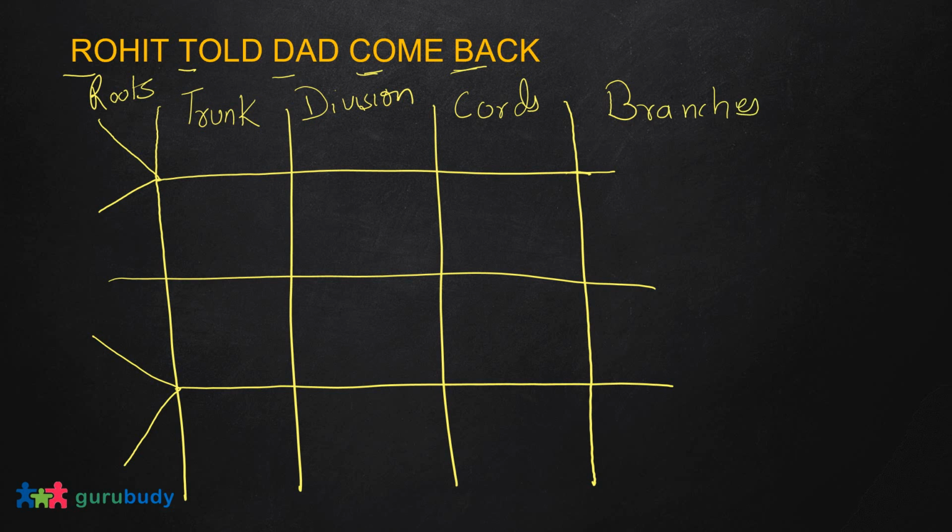Okay, I hope this is clear. It is a basic structure, and when we go further it divides into parts. As you can see it's the division, so we have to draw a line here.